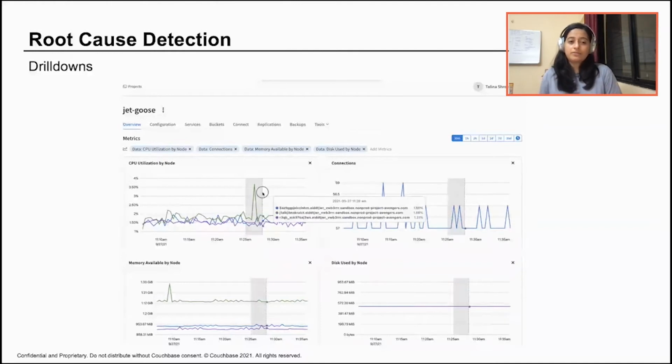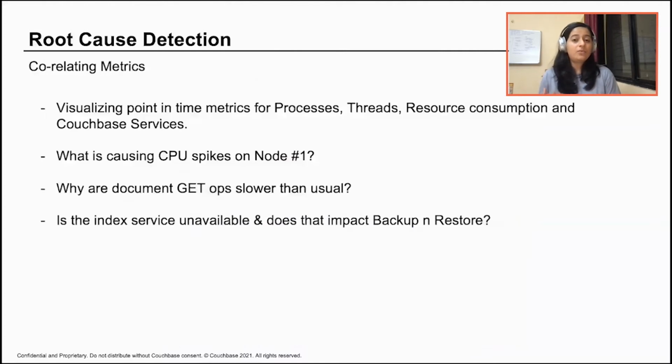So when we talk about correlating metrics, it's important to know that we are now collecting granular metrics which are not just related to Couchbase services, but are also related to the processes, the threads, and the resources that are consumed on every single server node.